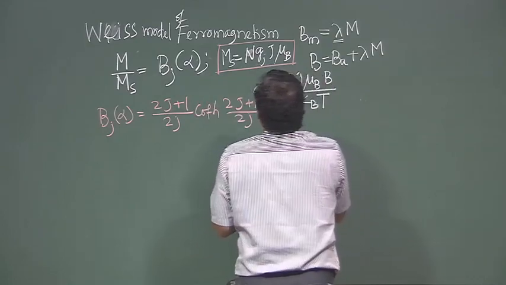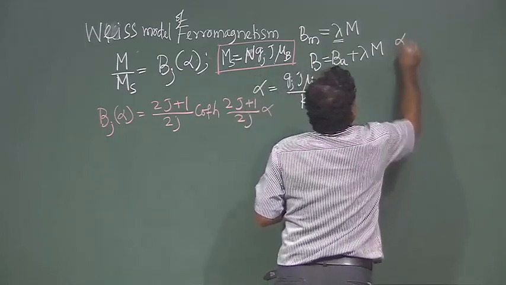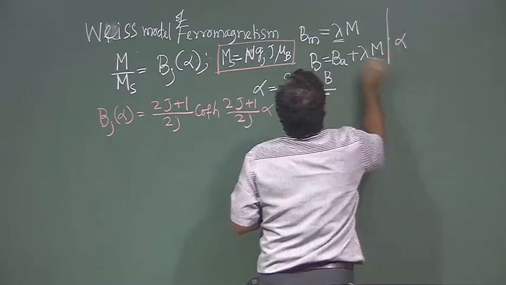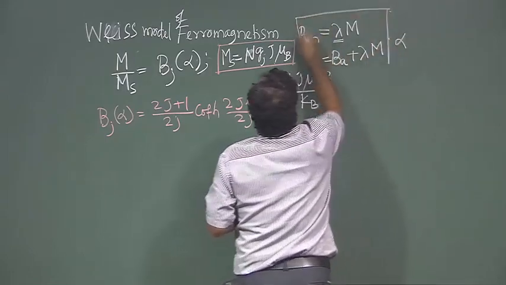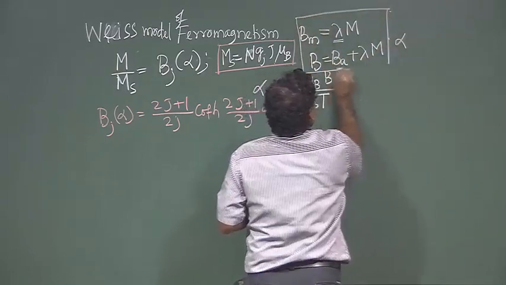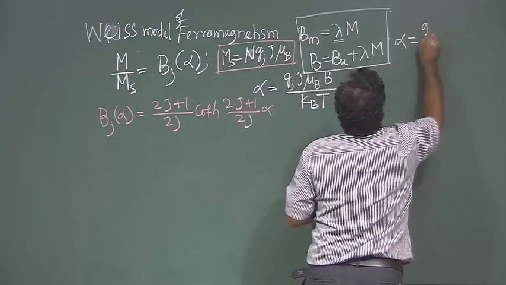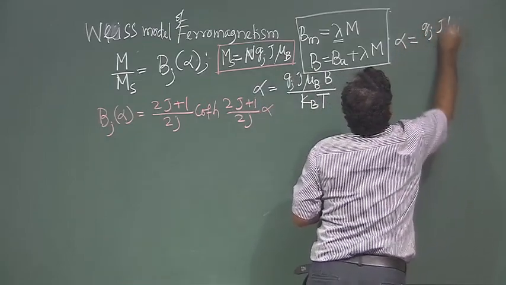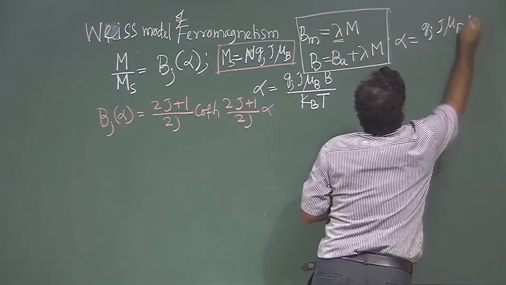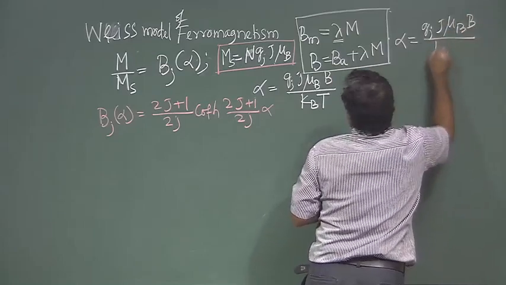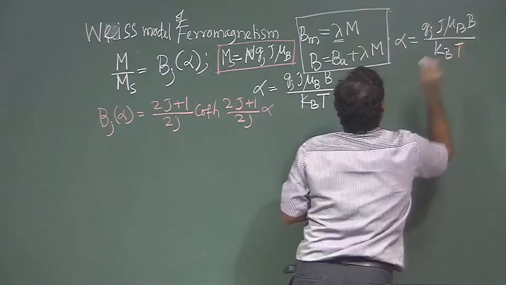Here I will write alpha equal to Gj J mu B by kBT.